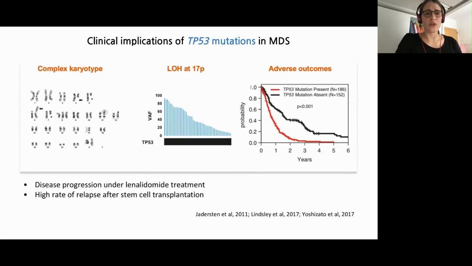It strongly co-occurs with LOH at 17p, the TP53 locus, leading to biallelic TP53. And it's really a marker of high-risk disease, with the median overall survival of TP53 mutated patients being only a few months. Patients respond poorly to therapy, and they are at high risk of relapse after bone marrow transplantation.